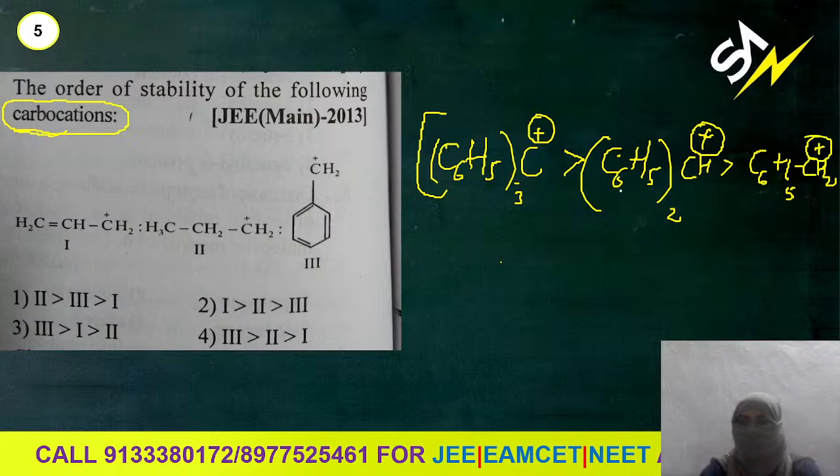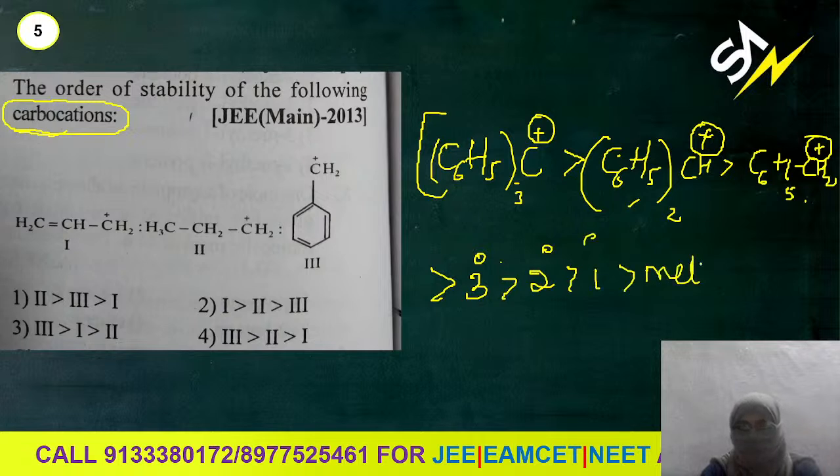This is triphenyl, diphenyl, phenyl carbocation, followed by tertiary carbocation, then secondary, then primary, then methyl.